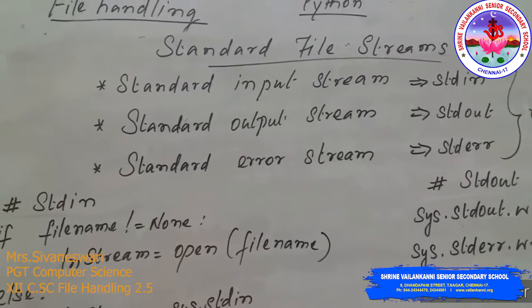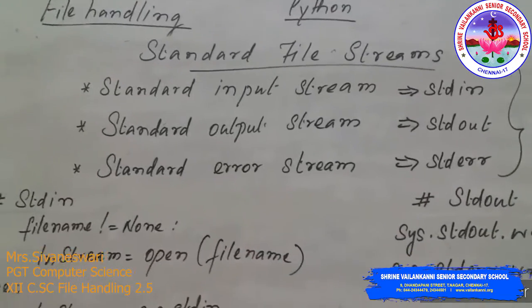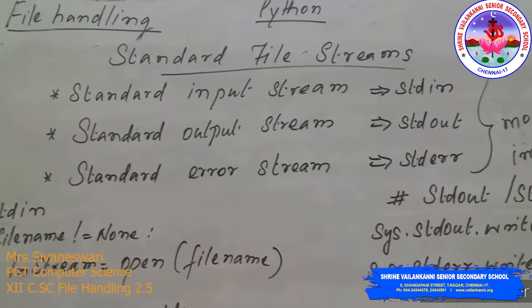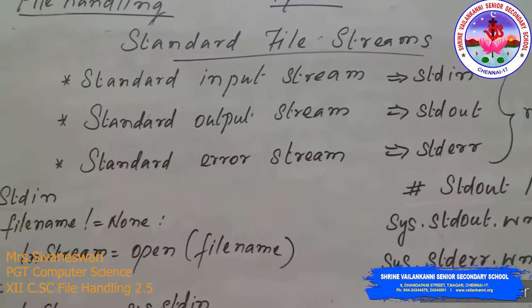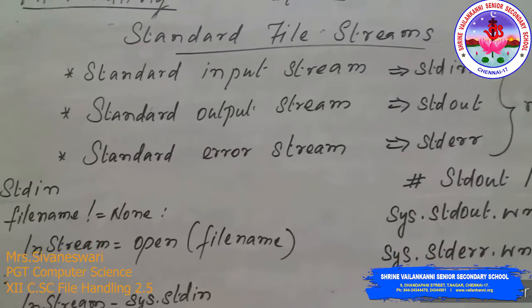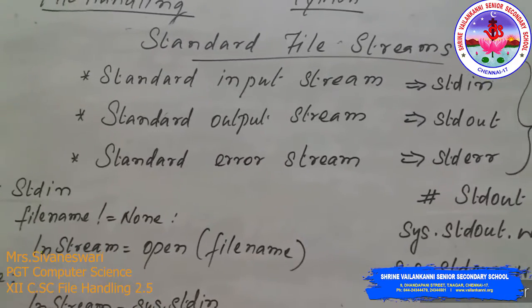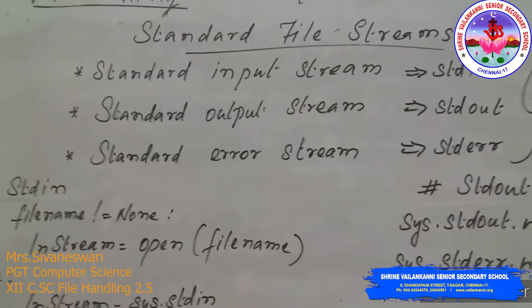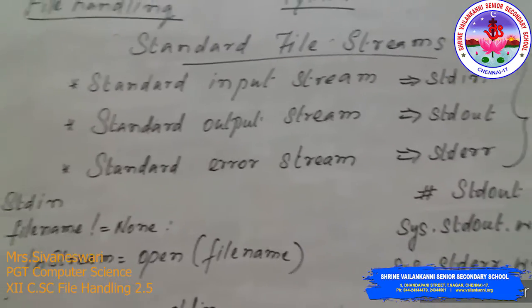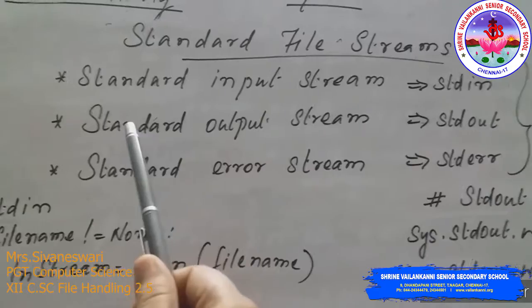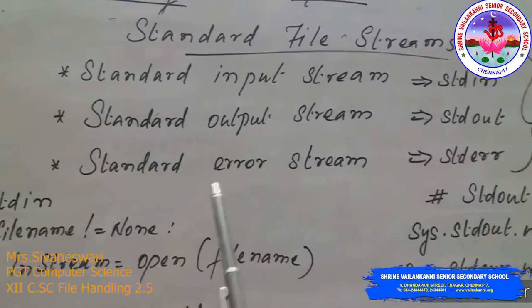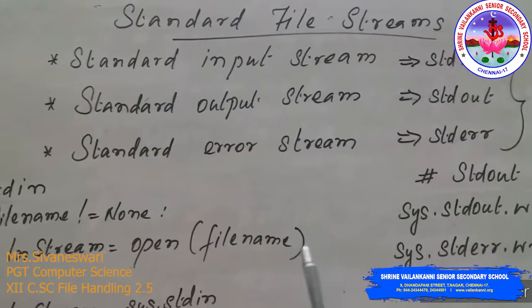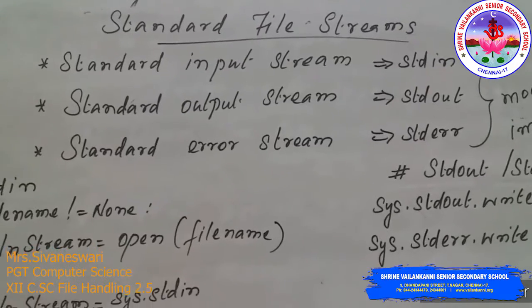Standard file streams. So when we are handling files, rather than writing the data inside the file and reading the data from the file, we can also read it directly from the keyboard. So we use the standard file streams here: standard input stream, standard output stream, and standard error stream. Whenever there is an error, it can be stored inside a file.